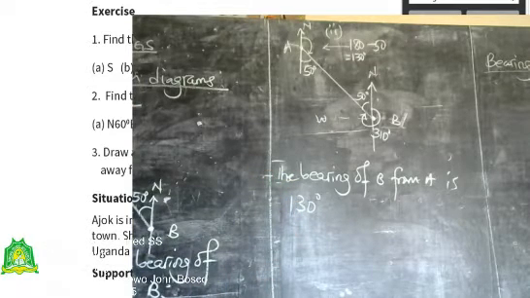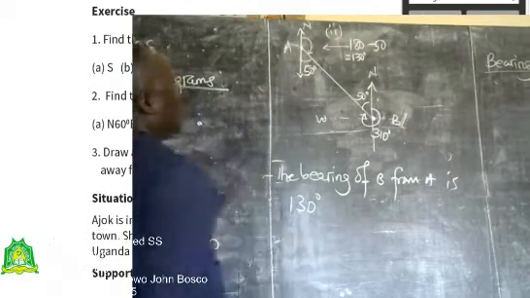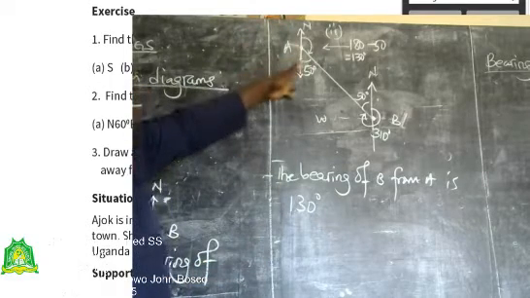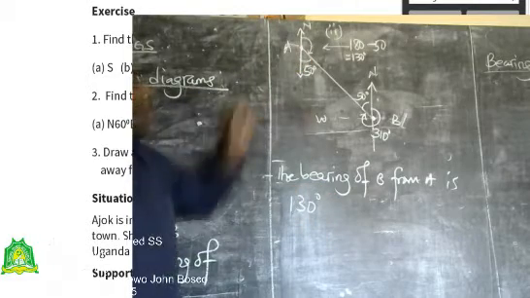We can look at direction south, because in the second approach, either we measure from north or from south, but the three figure bearings are strictly from north.